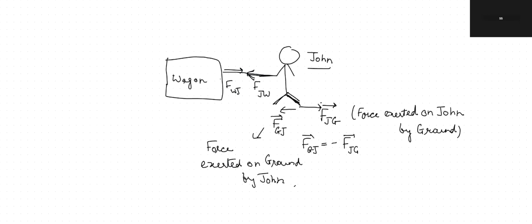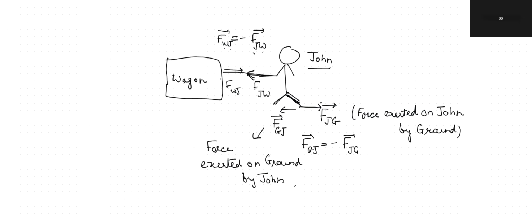The force exerted on the wagon by John is equal to the force exerted on John by the wagon, but in the opposite direction.